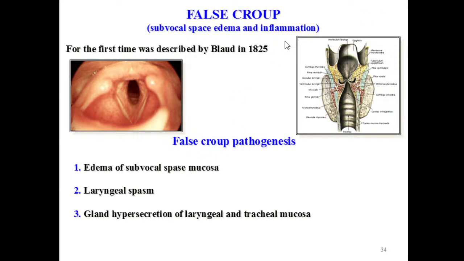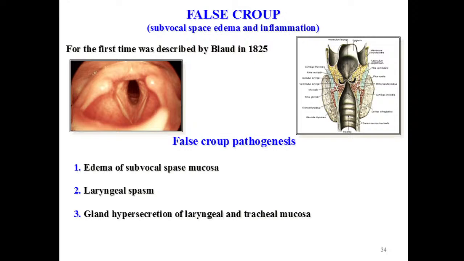So, false croup is quite a common situation in childhood, and I think that if you have children, or if you will have children, a great number of you will meet with such a situation, and you should know what to do. So what is false croup? False croup, or another name for this disease, is acute stenotic laryngotracheitis.